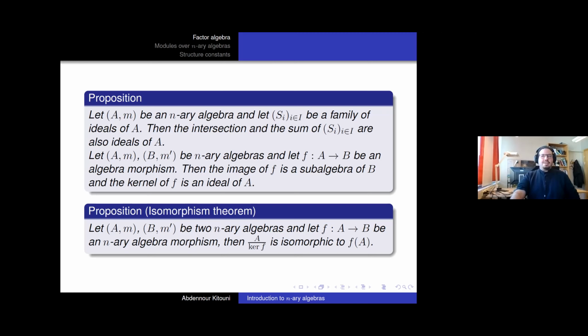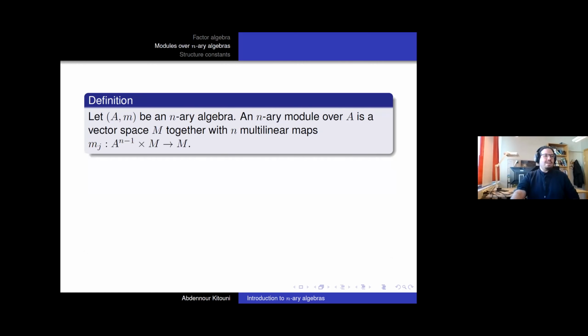And the next step is talking about modules over n-ary algebras. So as we have with rings, n-ary algebras also can act on some vector space in a given fashion and define what we call n-ary modules.